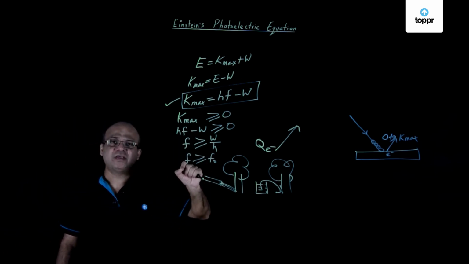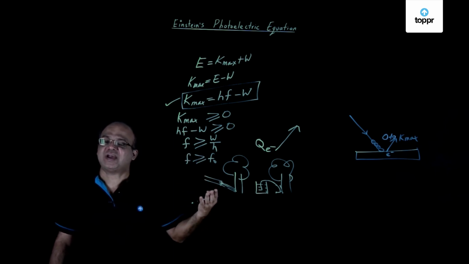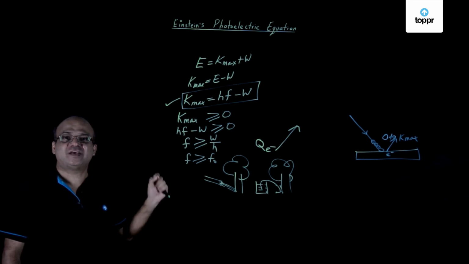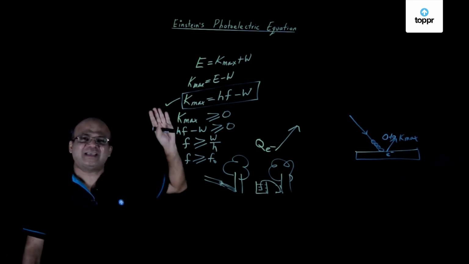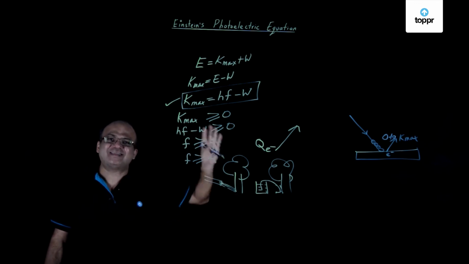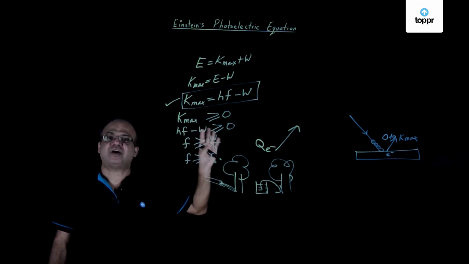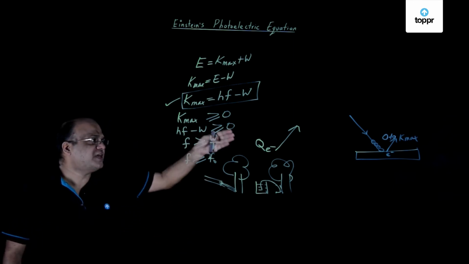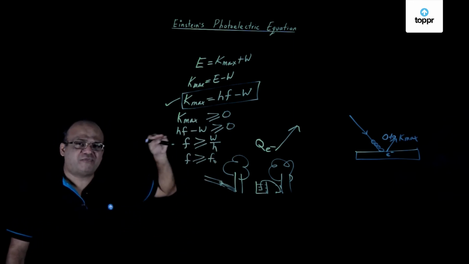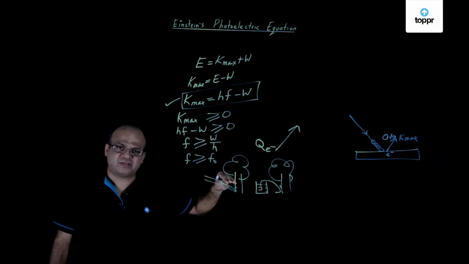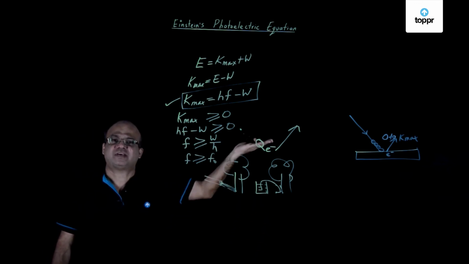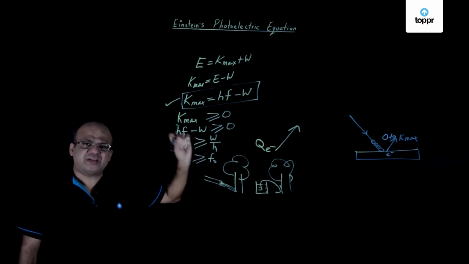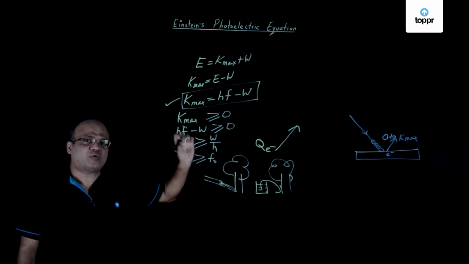All the three problems that the wave theory had in explaining the photoelectric effect are taken care of by Einstein's photon theory. Einstein's photon theory is nothing but conservation of energy. When photons of energy hf greater than or equal to the work function fall on a metal surface, electrons are liberated from that surface.